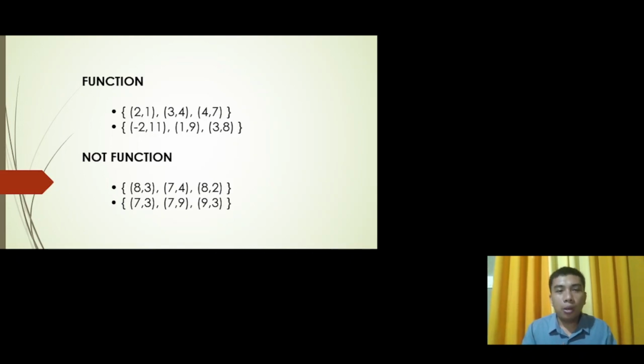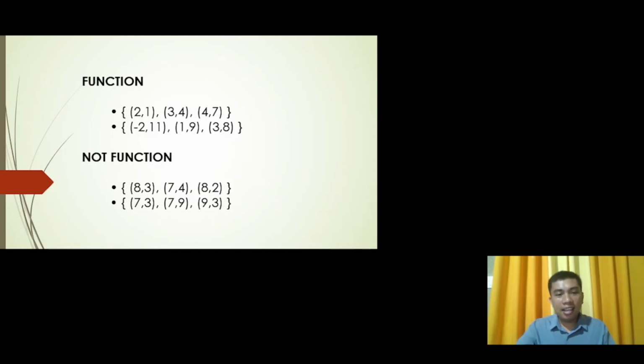But when we go down, this one, 8.3, 7.4, and 8.2, that is not a function because 8 is being repeated.